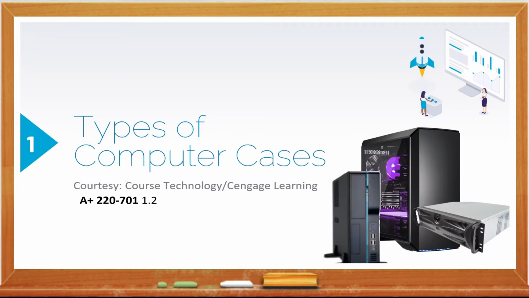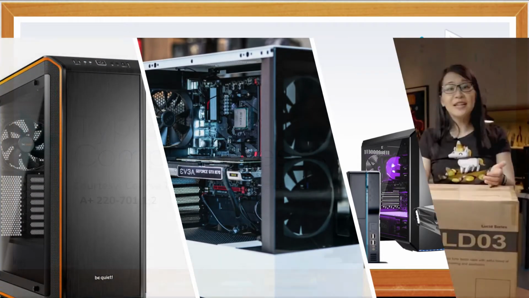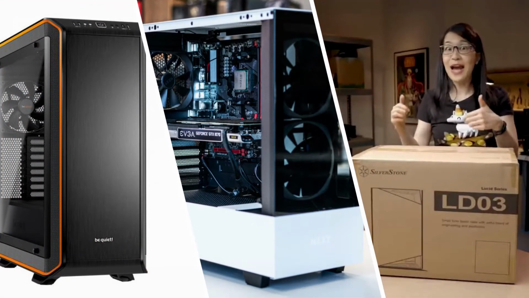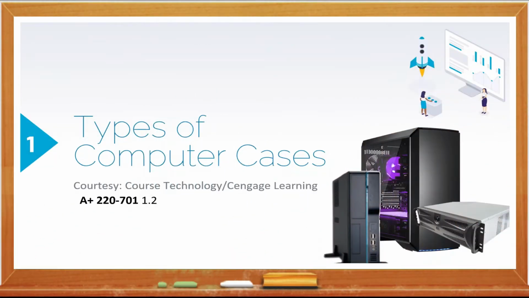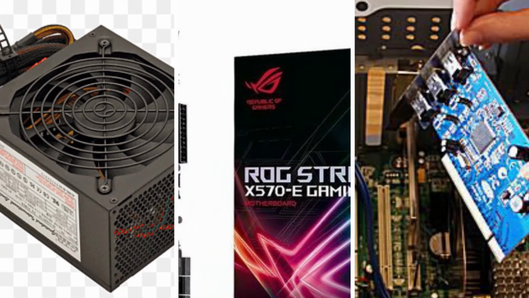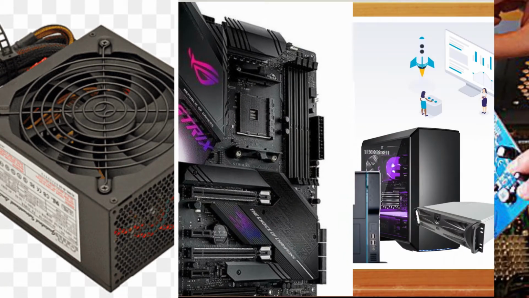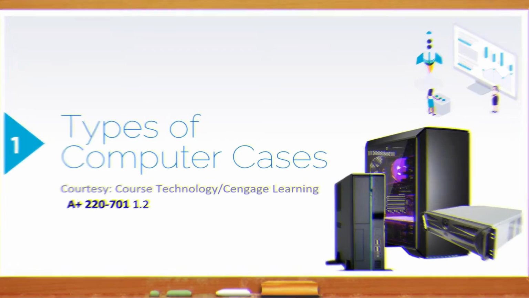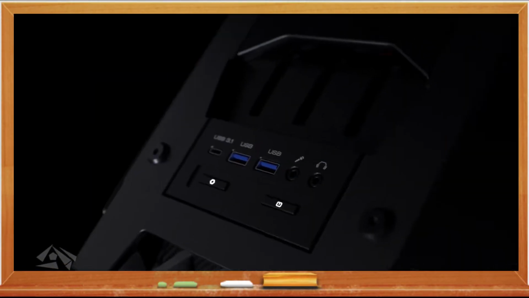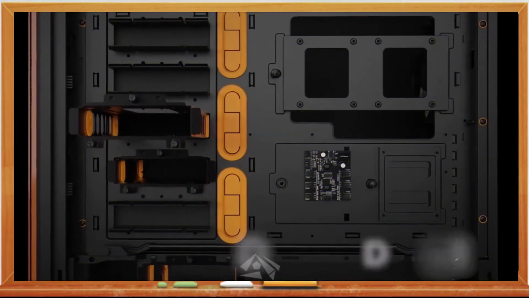Several types and size of cases are on the market for its form factor. The computer case, sometimes called the chassis, houses the power supply, the motherboard, expansion cards, and drives. The case has lights and switches on the front panel that can be used to control and monitor the PC.